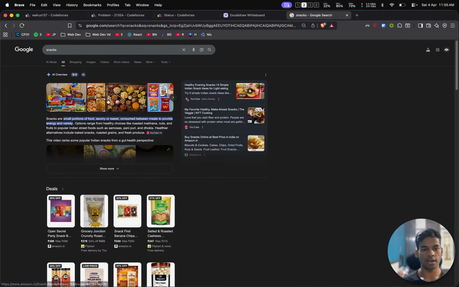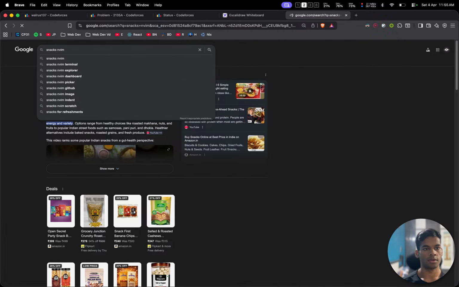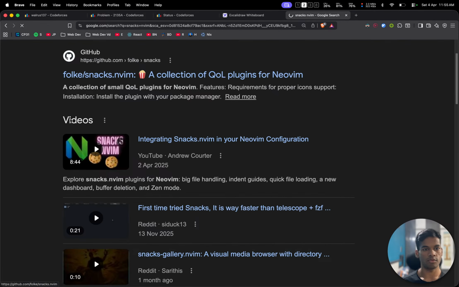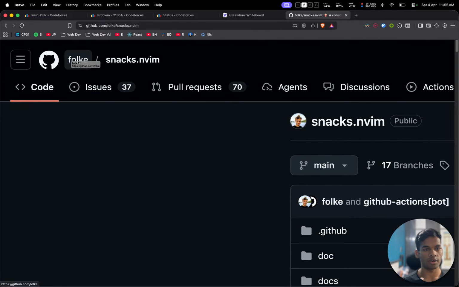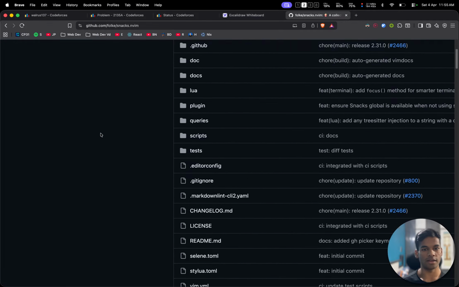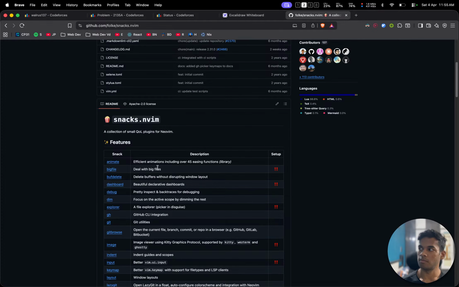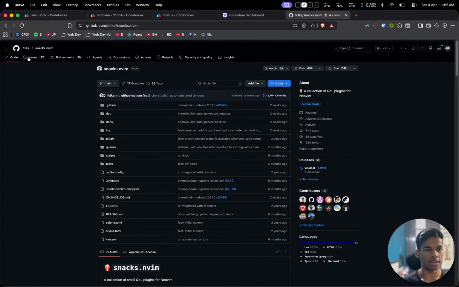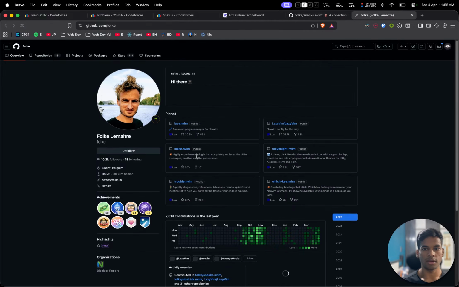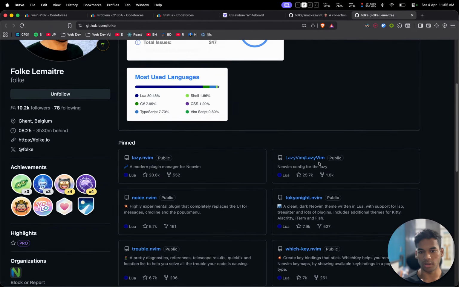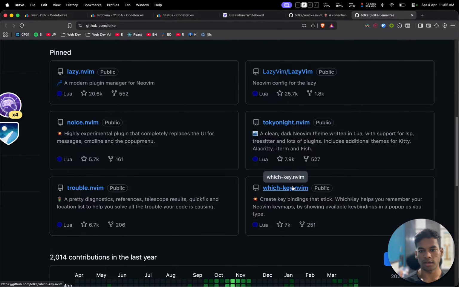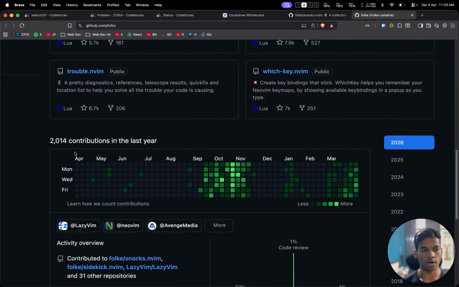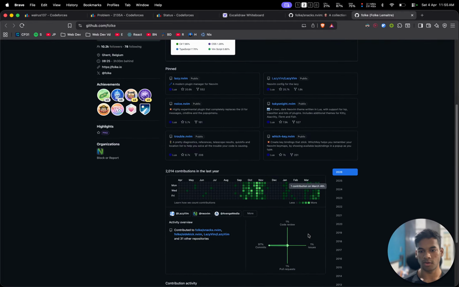And new snacks. Snacks and we shit. This is also by Folke. This guy, Folke. He made lazy. He also made a new key map. I don't think it is called key map. The thing which shows you all the which-key, and the thing which shows you all the key maps which you have defined in your Lua, and who is a seasonal contributor.